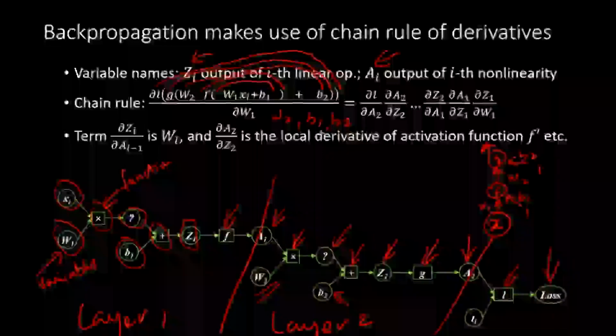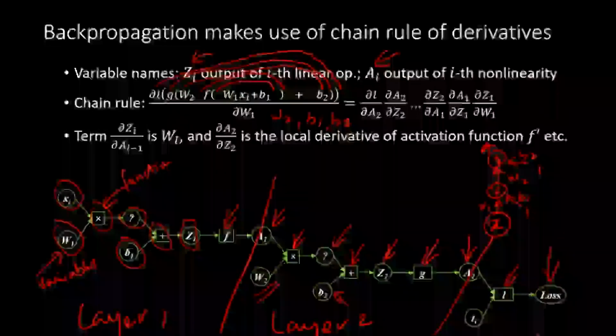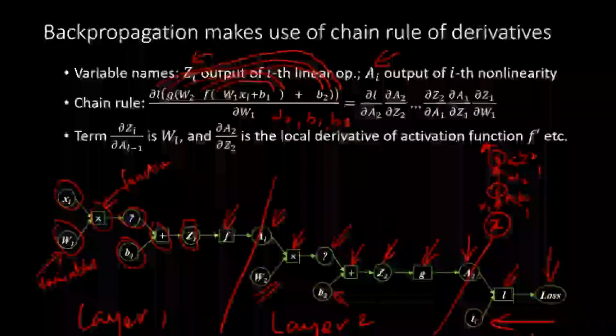So here we are applying chain rule, and what the chain is basically going backwards from the output, from the final thing that we are computing.